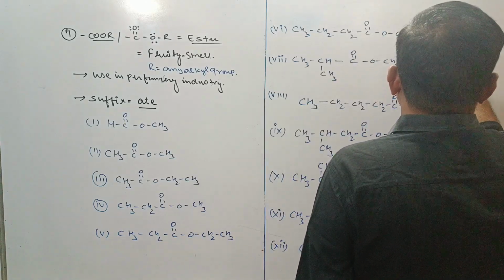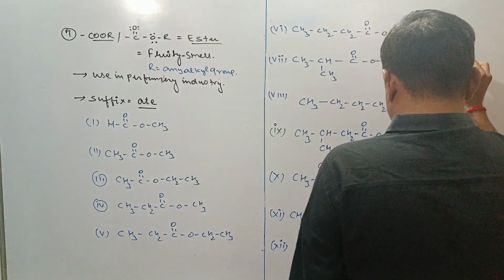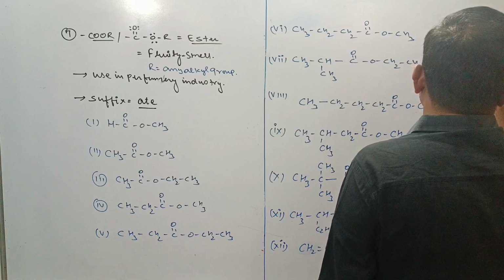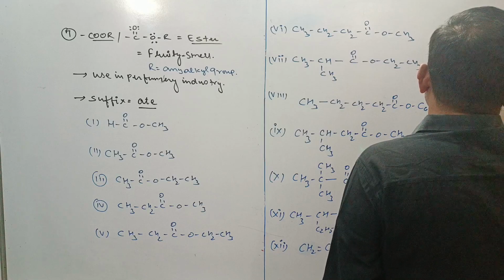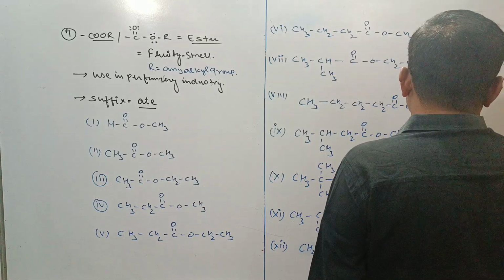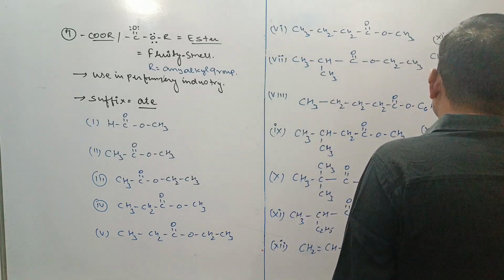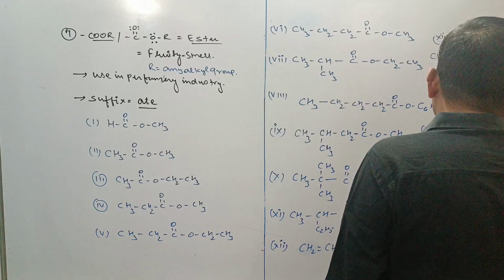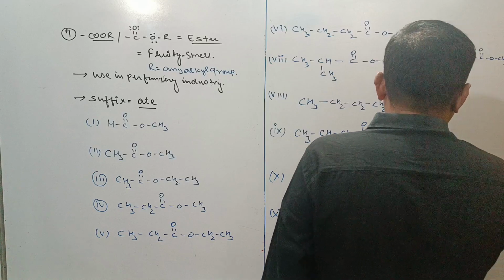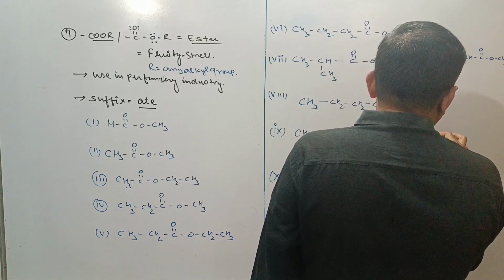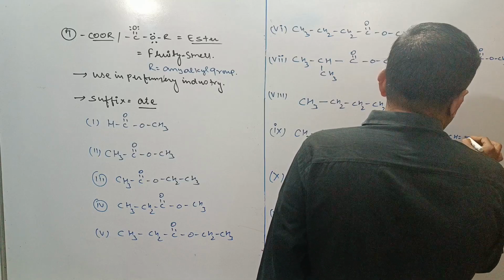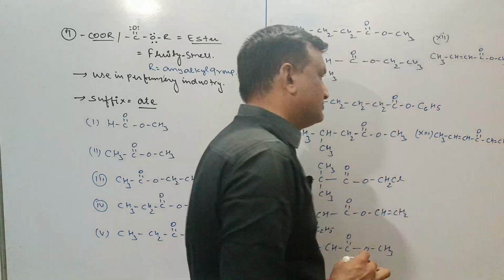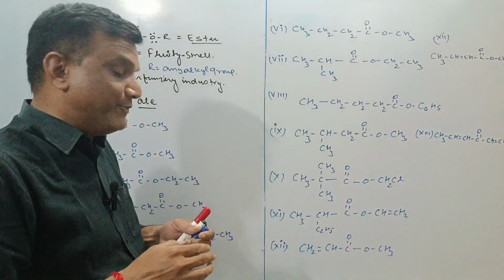Then CH3CH double bond CH COOCH3. The 13th compound as the final compound, CH3, C double bond CH3, CH3CH double bond CH CO, CH double bond CH2. So these are the important compounds regarding esters, because it's a very important functional group.